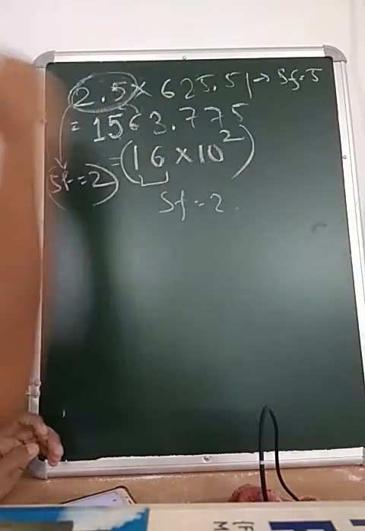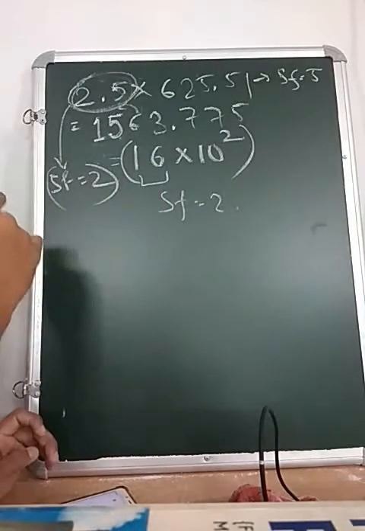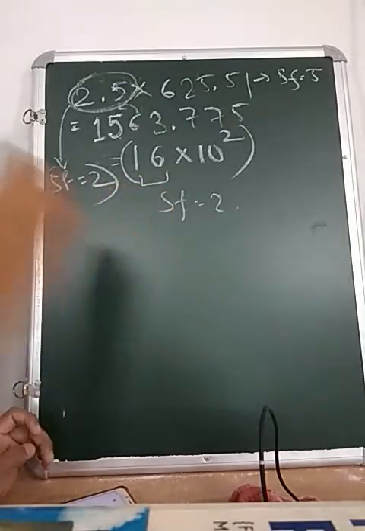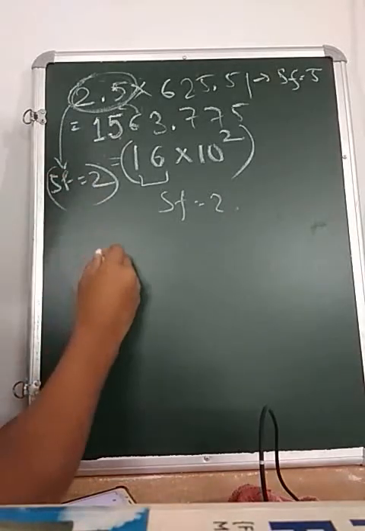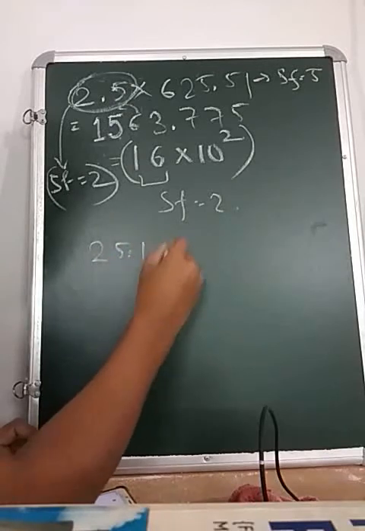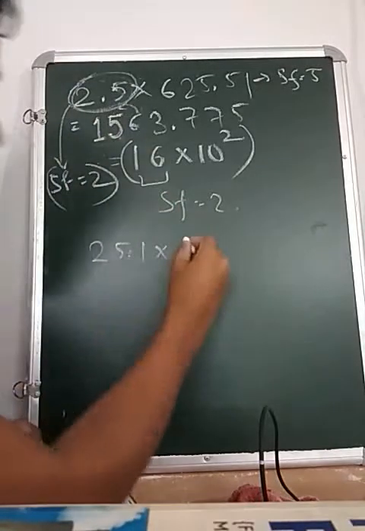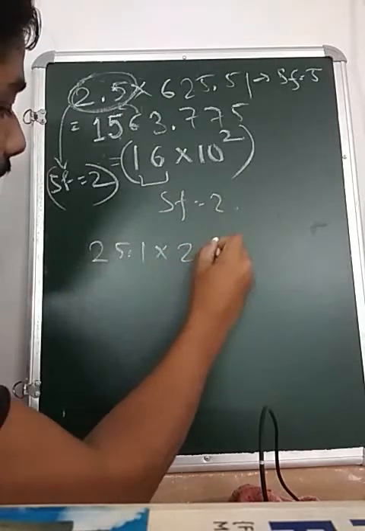Okay, so now take another example. I'm taking it from the book actually. Suppose 25.1 into 2.5.